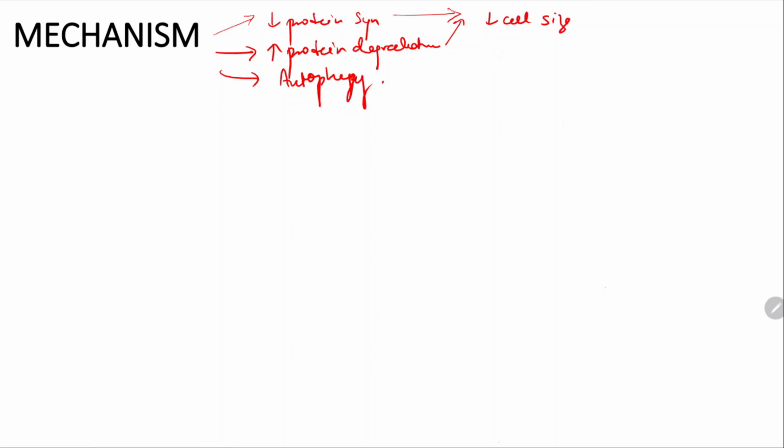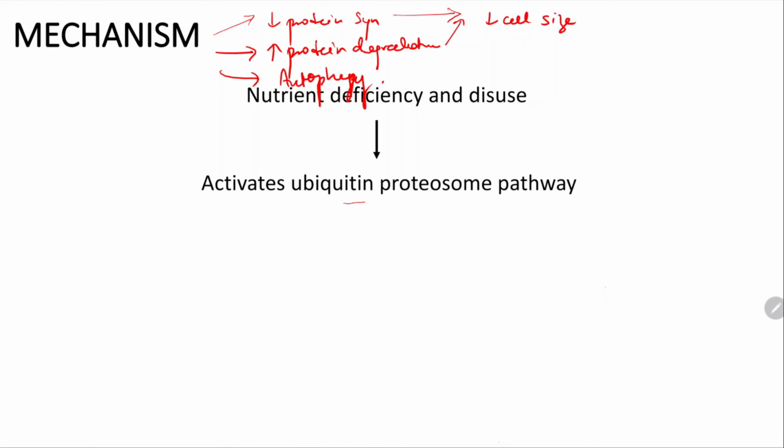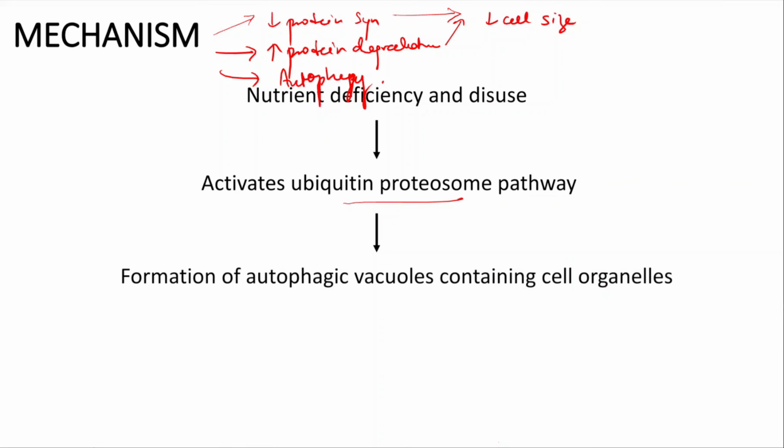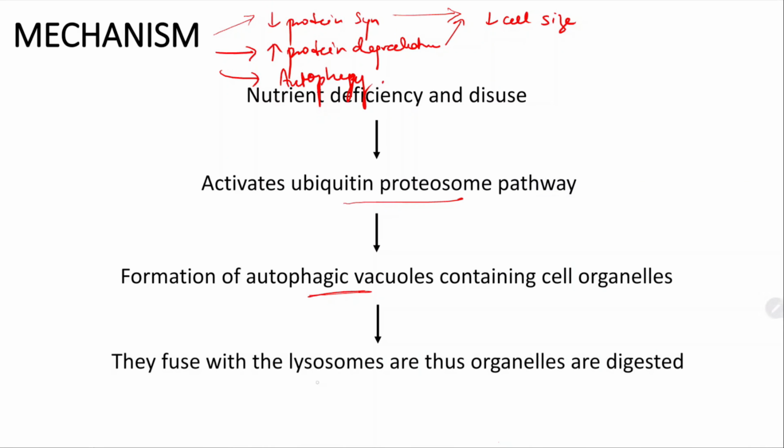Now, whenever there is any nutritional deficiency or disuse of any organ or a tissue, there will be activation of the ubiquitin proteasome pathway. Because of this activation, there will be formation of autophagic vacuoles. Within these vacuoles, all the cell organelles will be present. This autophagic vacuole will later combine with lysosomes to form autophagolysosomes.